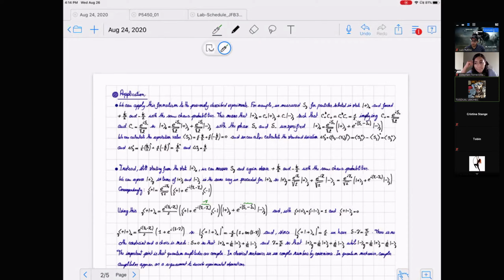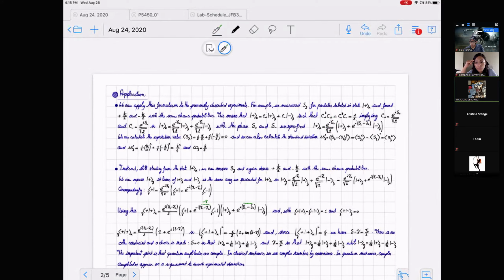And this expression gives us the probabilities of obtaining either plus or minus h bar over 2 in the measurement of Sz. But you see that this phase factor is not going to change these probabilities.